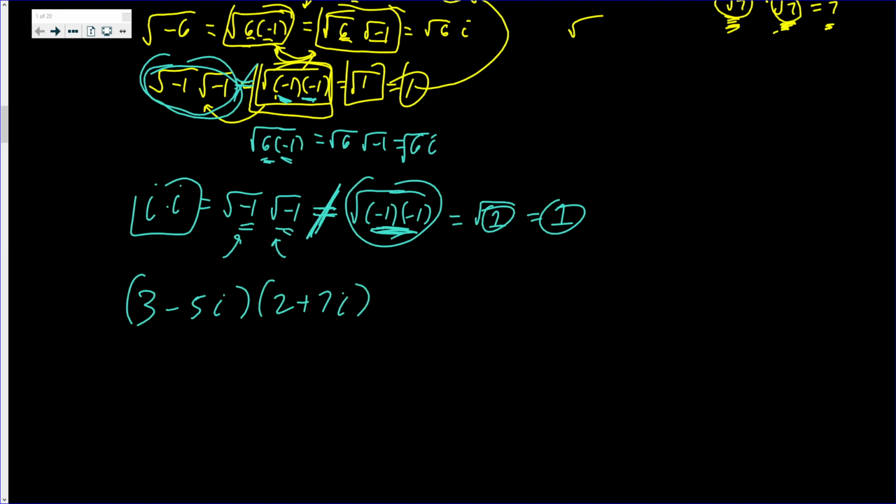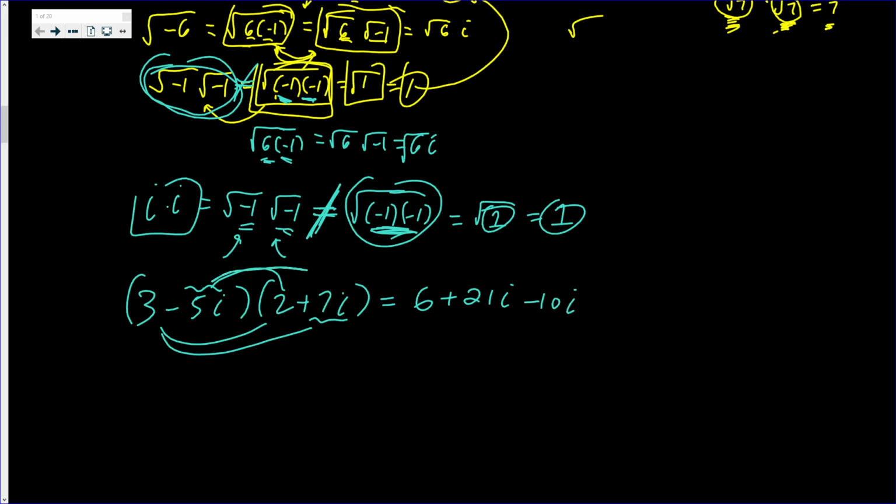Now, what if you have 3 minus 5i and you want to multiply by 2 plus 7i? Well, just distribute. 3 times 2 is 6. 3 times positive 7i is plus 21i. Negative 5i times 2 is negative 10i.